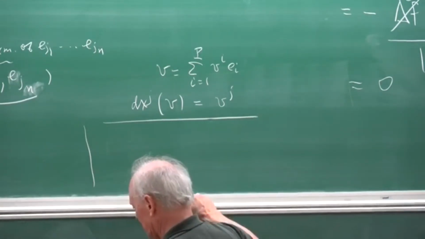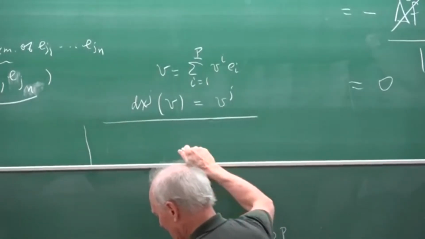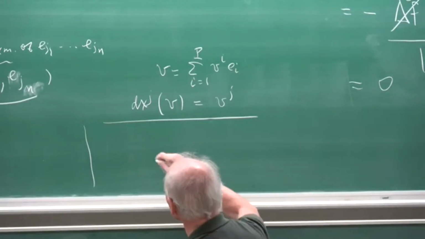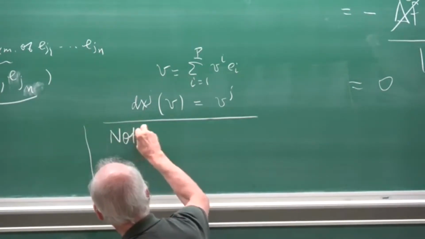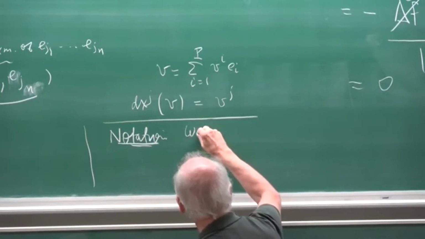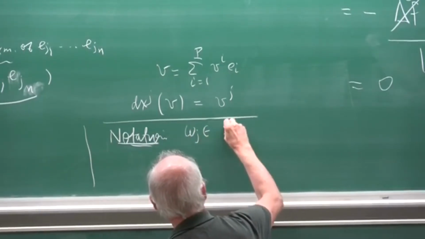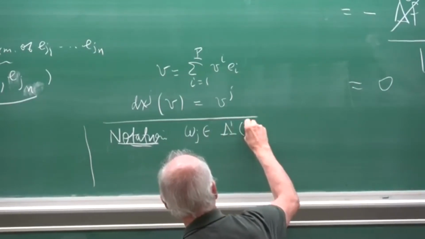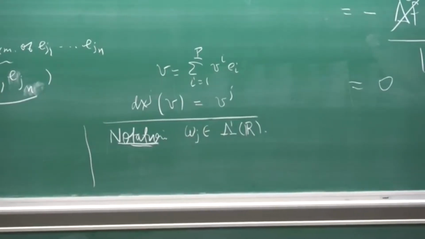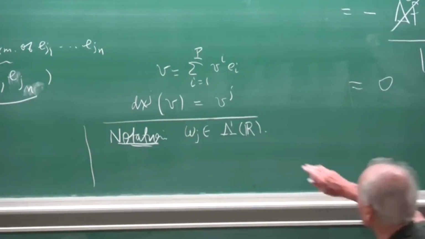And we can define, there's a nice way of getting these alternating forms, and that is to use the following notation. If you take omega j to be one-forms, well, I'm calling them forms, but they're not forms yet, actually. Forms have got variable coefficients. We're just at the linear algebra level at the moment. So these are in the dual space, omega j in Lambda 1 R p.